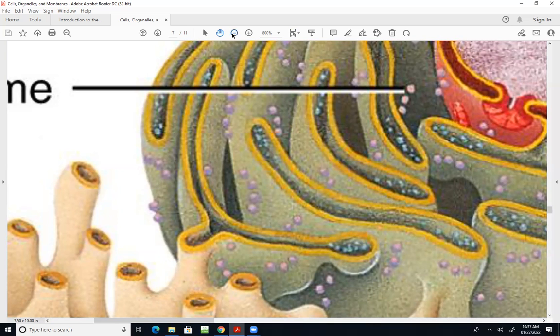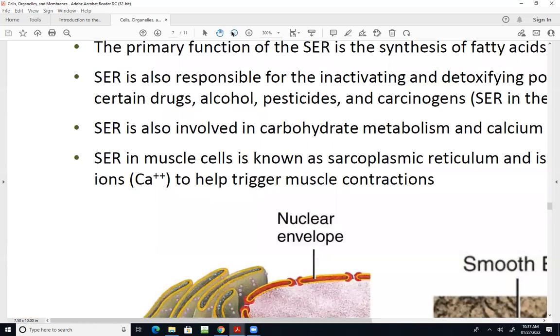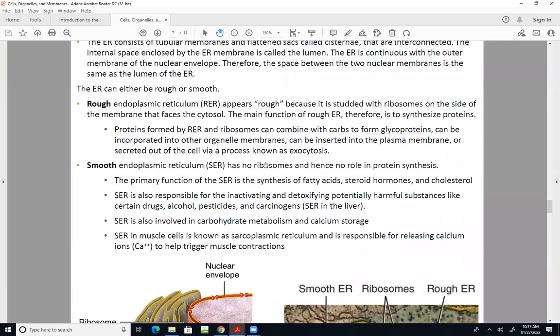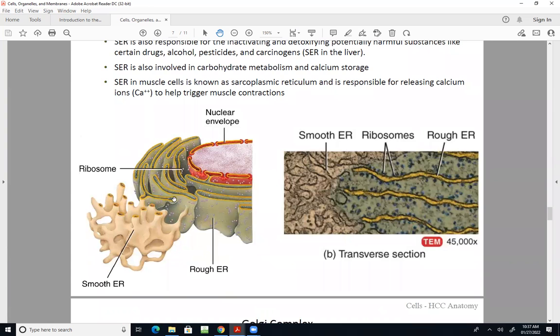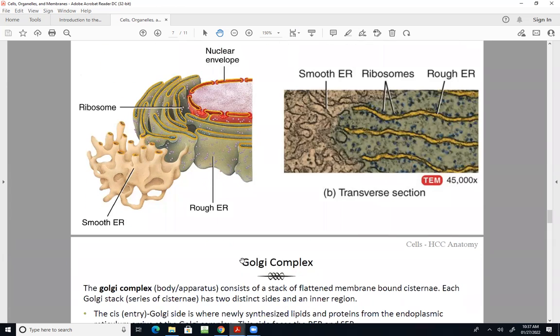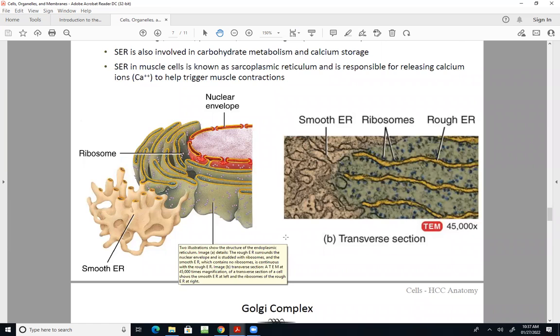That bubble is called a transport vesicle. You can think of it as a transport vehicle, because a vehicle transports something, right? Those vesicles carry the proteins and the fats from the ER to the Golgi complex, Golgi body, Golgi apparatus, which we're going to talk about in just a second.